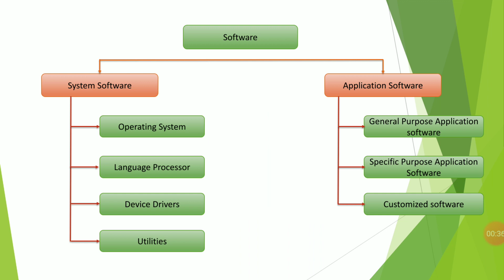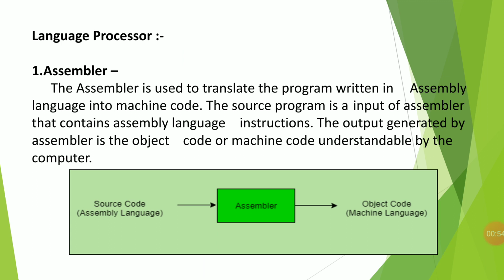In the previous video we discussed the parts of system software. First we discussed operating system, second we discussed device driver. Now in this video, first I am going to discuss language processor.